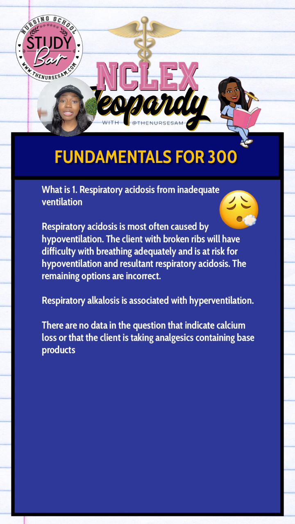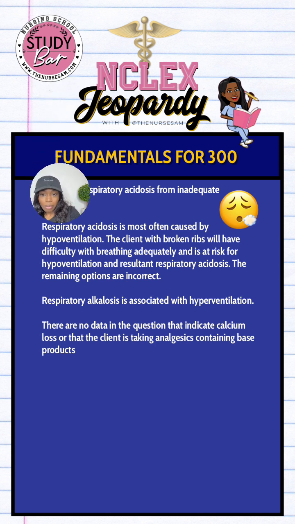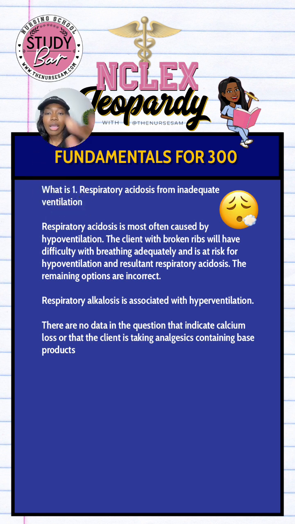Why? How did we get to acidosis versus alkalosis? That hypoventilation. What's happening with oxygen and carbon dioxide when we breathe? When we're breathing in, we're breathing in that good old O2, oxygen, and we're breathing out CO2, carbon dioxide.